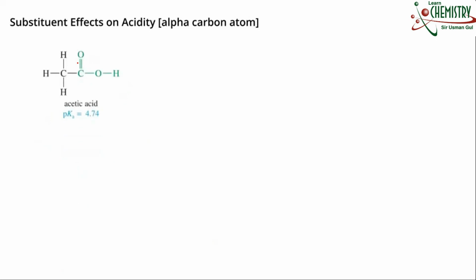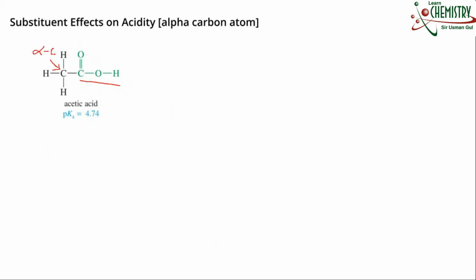The first effect on the acidity is the substituent effect, and that is basically on the alpha carbon atom. Now this is acetic acid, and in this acetic acid, this green part is the main carboxylic acid group, and the carbon next to it is called the alpha carbon.